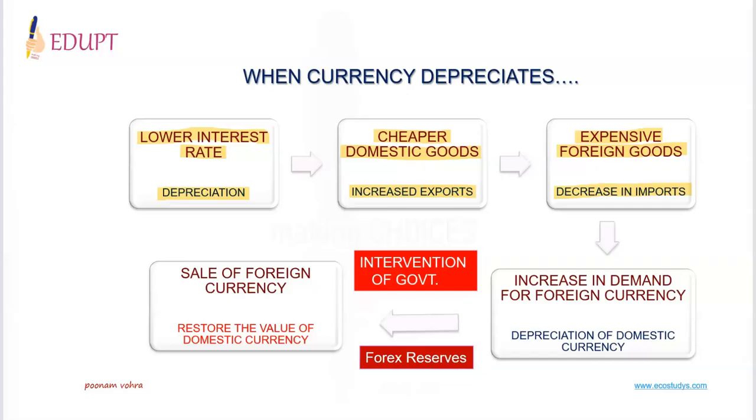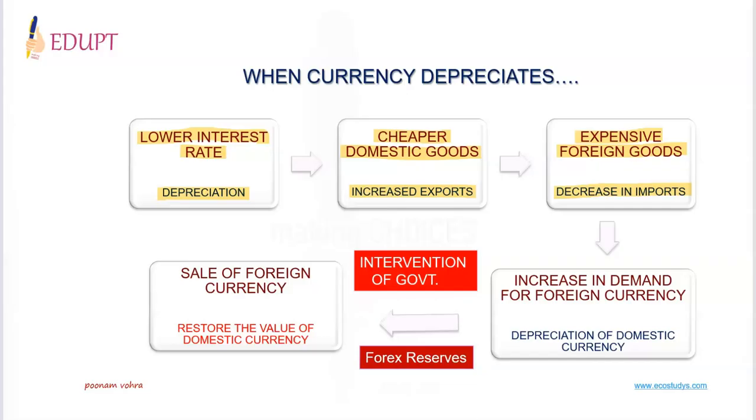Due to increase in demand, if imports rise, it would lead to high import bill of the government. And with falling value of domestic currency, there would be high current account deficit. Therefore, there will be an increase in exports and decrease in imports.